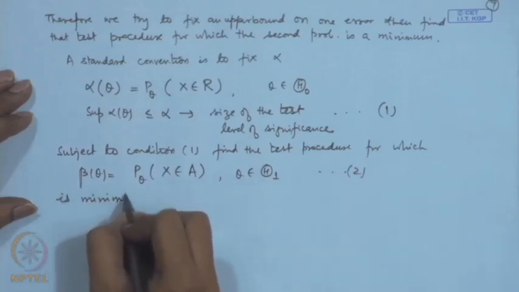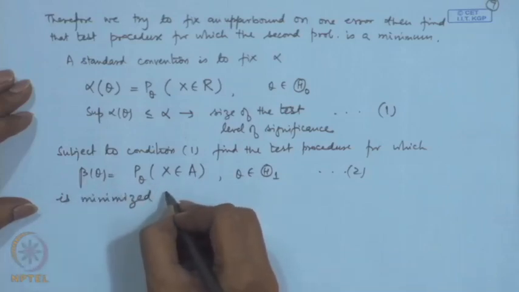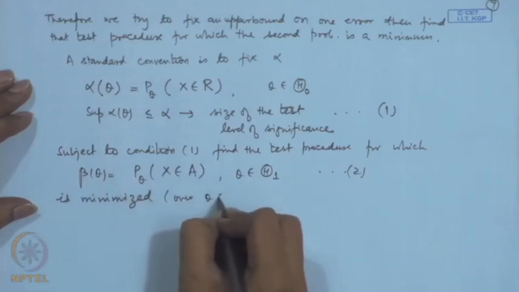Once again, since this is a function of the parameter, minimized means over theta belonging to theta 1.